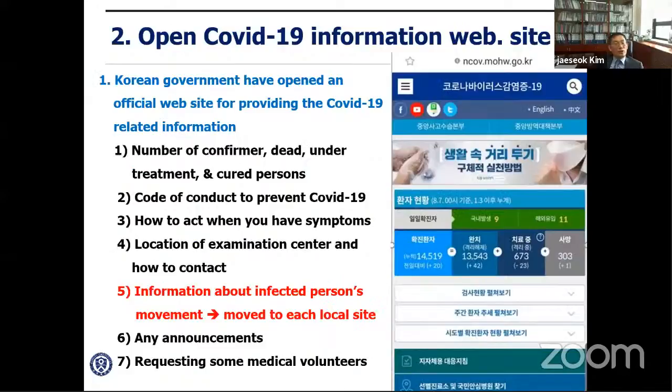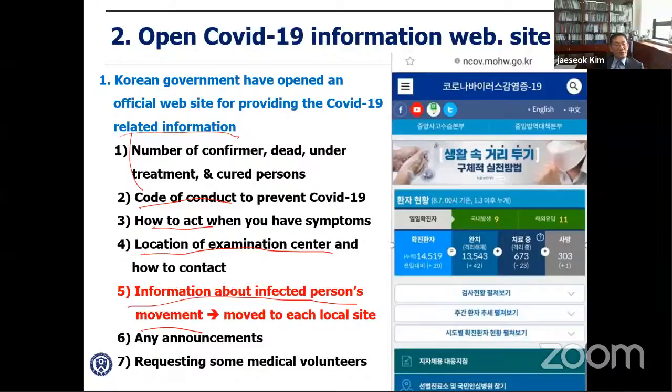The second action was opening the official COVID information website for providing COVID-related information. This site contains information about statistics, code of conduct, how to act, locations of examination centers, and information about the infected person's movement.